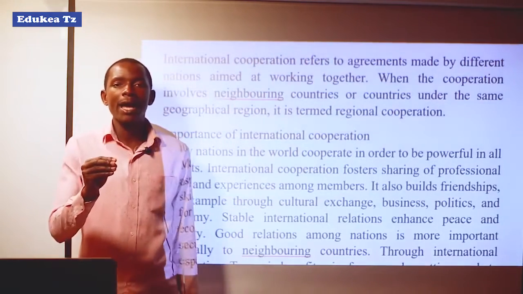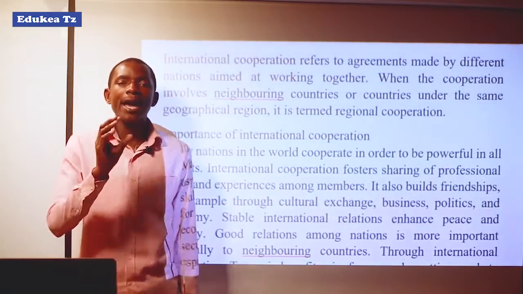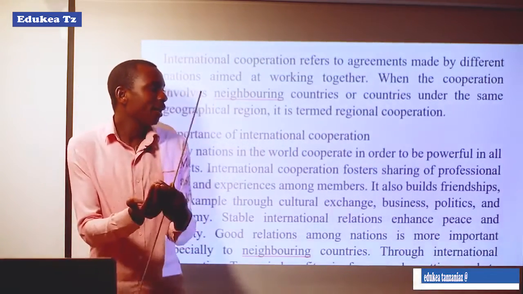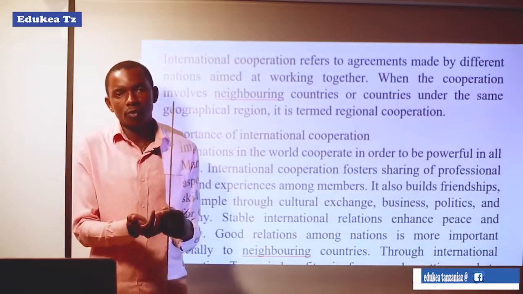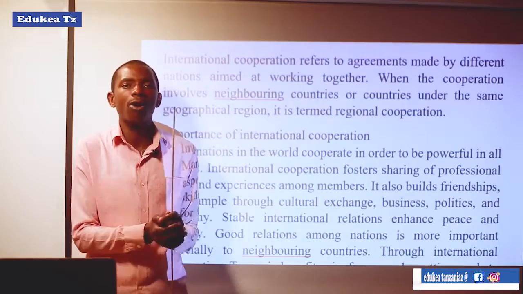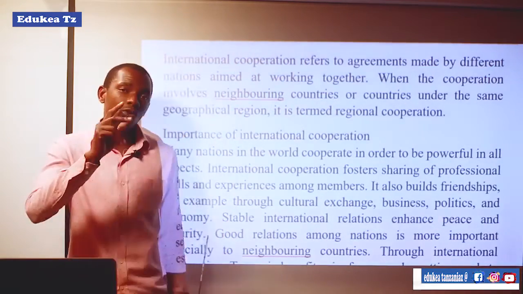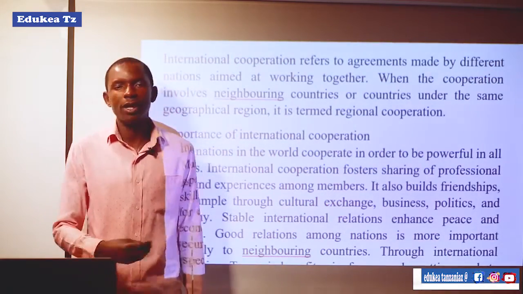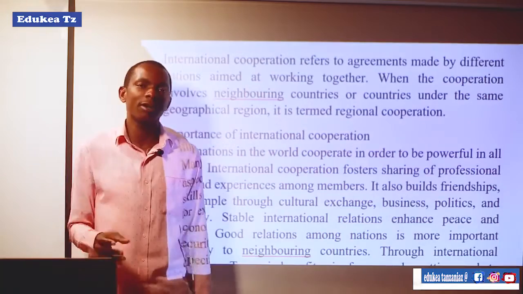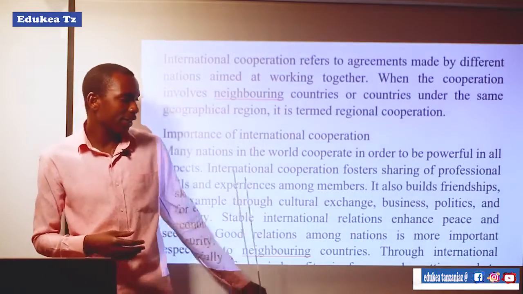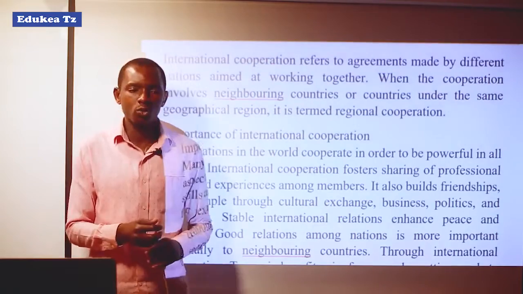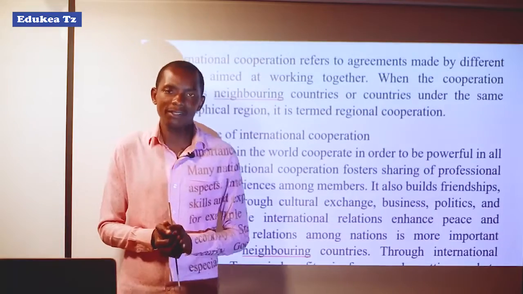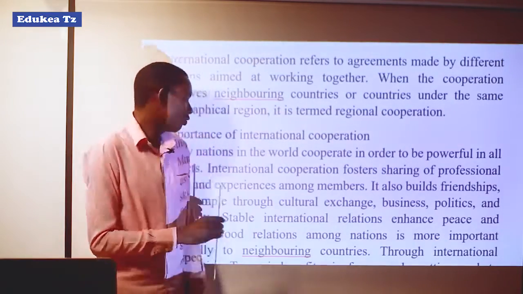The major aim of making these cooperations is to create the strongest power between themselves in all aspects of life, in military matters, political issues, social issues, and among others.